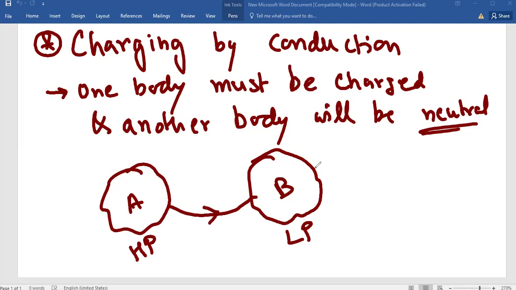In this process, body B, which was initially neutral, will gain some electrons. So here also the charge will be different, and here also the charge will be different. This is called charging by conduction.